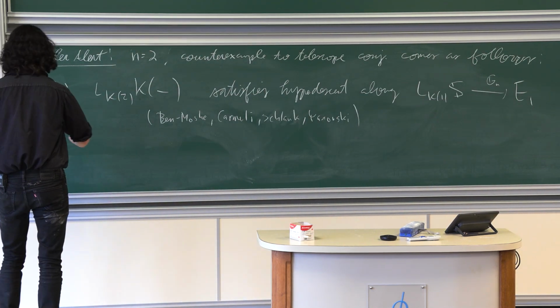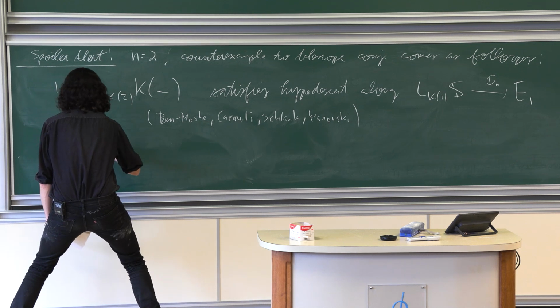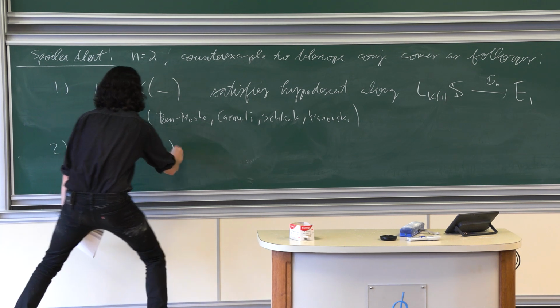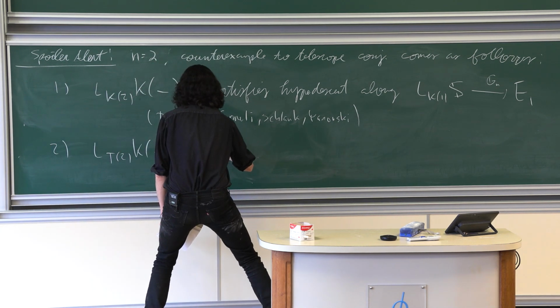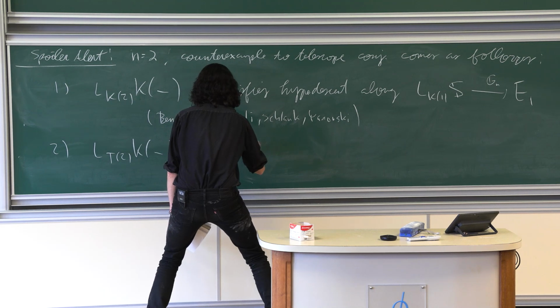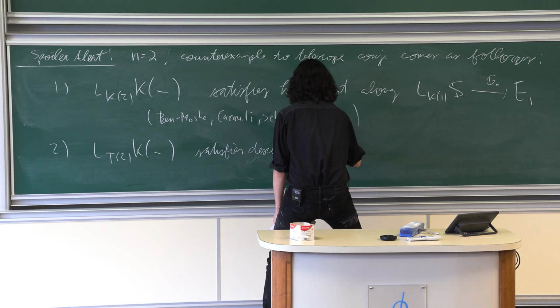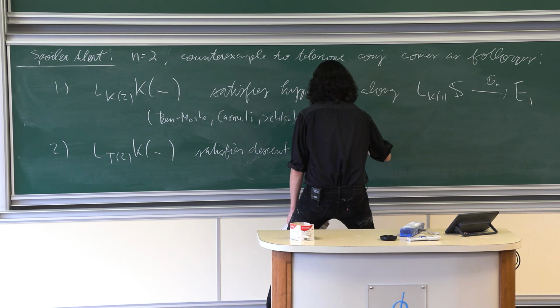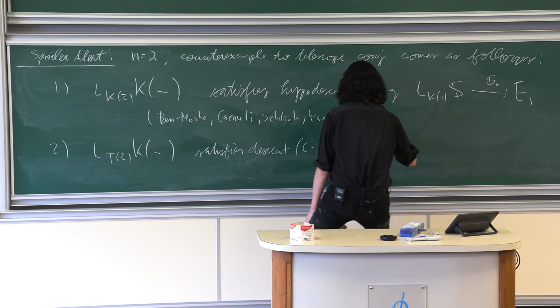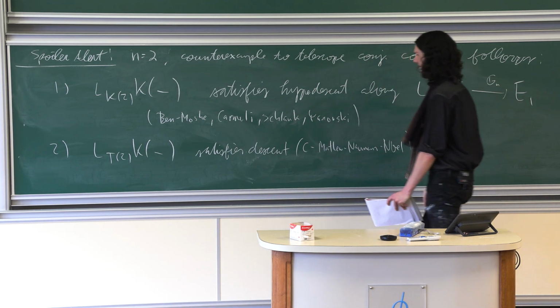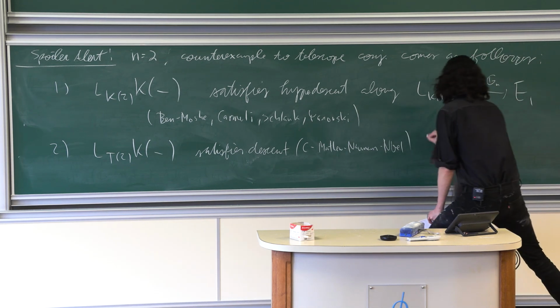Okay. And then second, LT2K satisfies descent. That's Clausen, Mathew, Naumann, Noel. This is not really the relevant part, but it satisfies descent, but not hyperdescent.